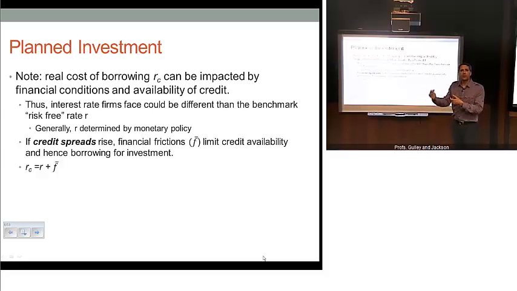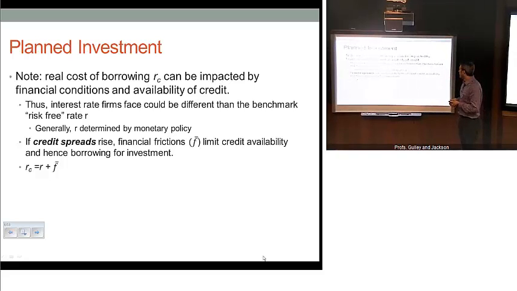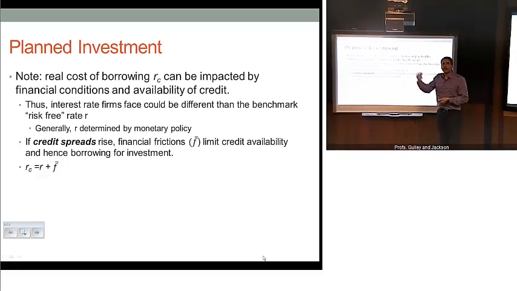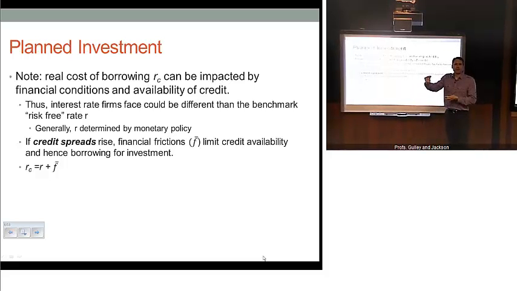So in other words, you can have these underlying interest rates which prevail in the economy, but because of financial frictions, that can raise the interest rates that firms face to be able to borrow to purchase capital equipment, for instance. And so we measure this through this so-called financial frictions aspect of it, okay? So if the financial markets are gummed up, there's going to be less availability of credit, and that's going to raise the real cost of borrowing to firms.